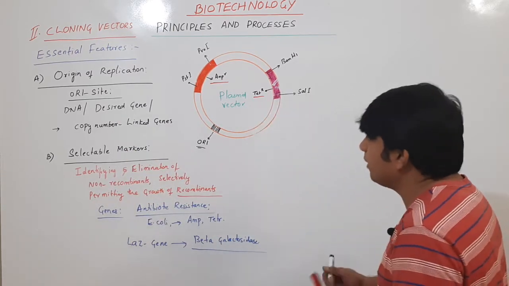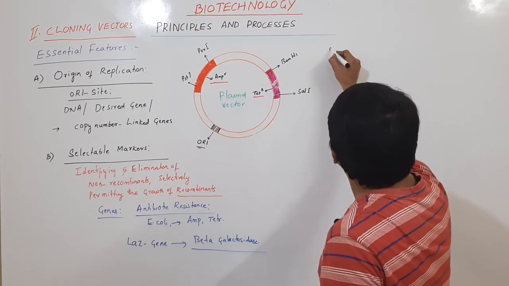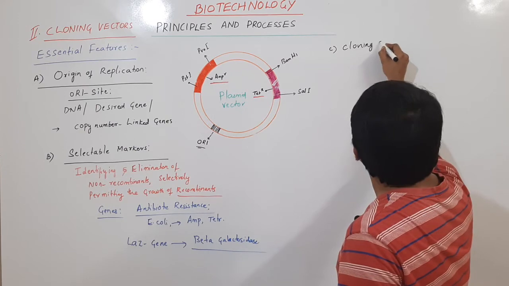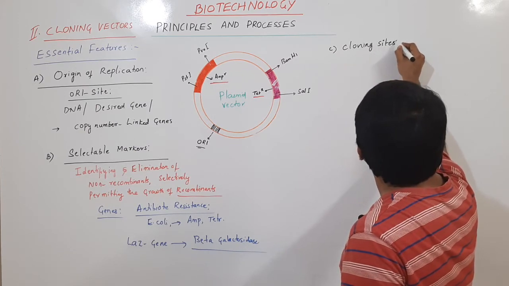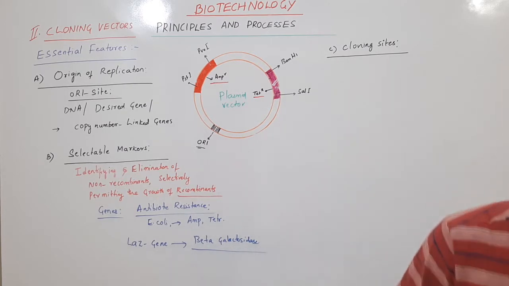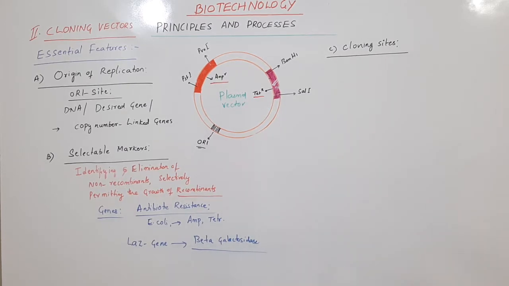Next, number three, cloning sites. We can also call them restriction sites.